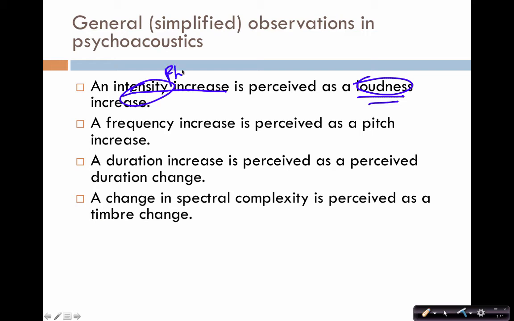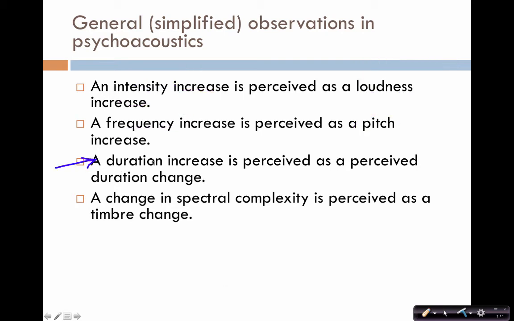Intensity is the physical; loudness is the psychoacoustic, or the perceptual. Likewise, we have a pairing of frequency, which is the physical domain that we can measure if we had the correct device, and the psychophysical correlate of frequency, which we call pitch. We'll talk about this in Lecture 12B, I think.